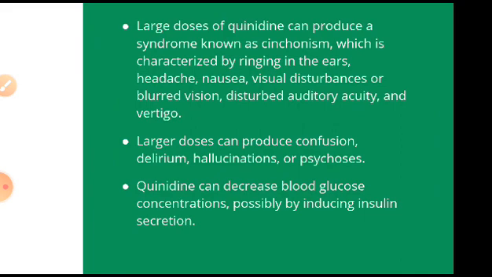Quinidine can decrease blood glucose concentrations, possibly by inducing insulin secretion. So here is a very important point, quinidine's effect on insulin secretion, right. This has to be considered when the patient is arrhythmic and diabetic.